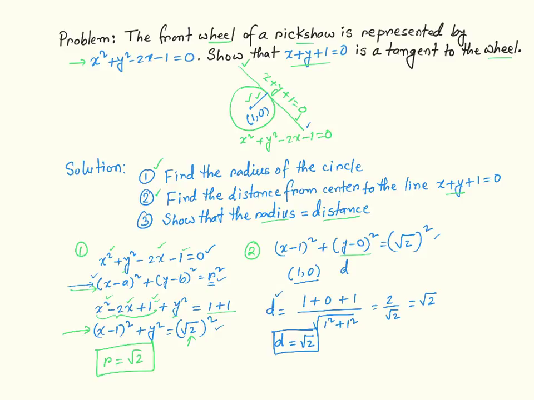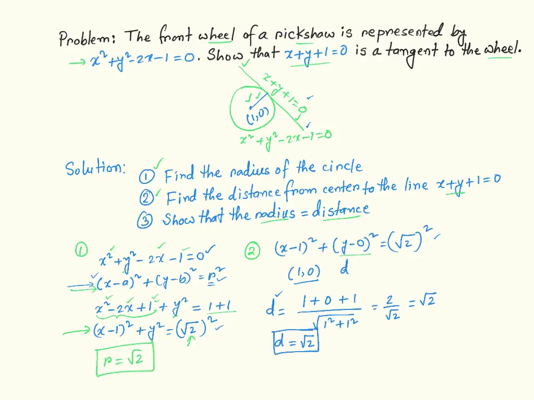So we just plug in the value of x equal to 1 and y equal to 0 in the given equation, x plus y plus 1 is equal to 0. So on the left hand side I'm just going to plug it in, and in the denominator I take the coefficient of x and y, square it, add them and take the square root, and if I simplify it I get d is equal to square root of 2.